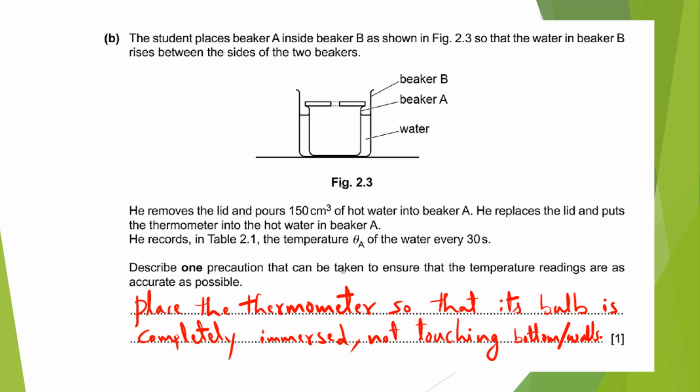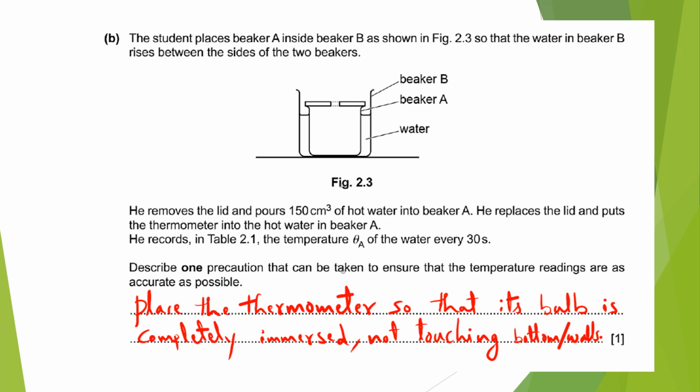Part B. The student places beaker A inside beaker B as shown in figure 2.3. So observe the beakers. It is one beaker inside the other one, like a beaker is placed in water bath. So that the water in beaker B rises between the sides of two beakers.